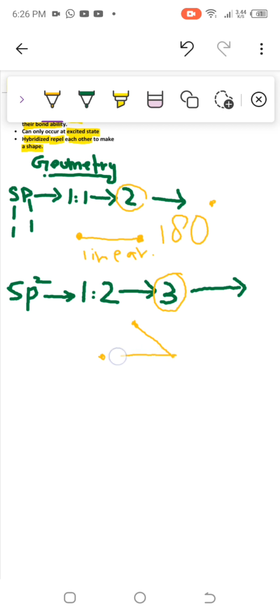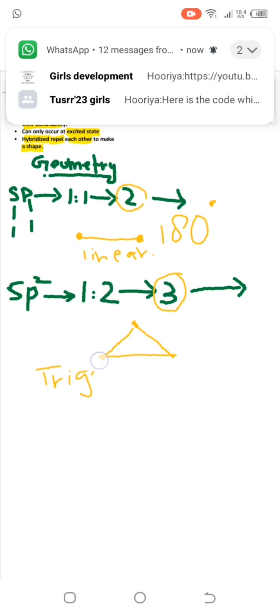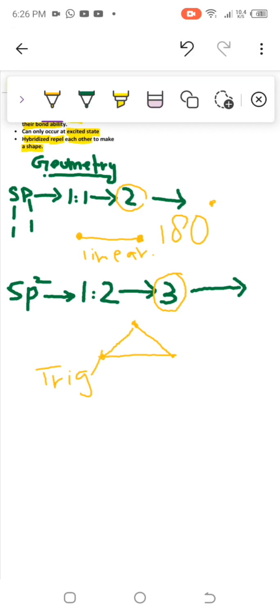When these 3 combine together, the structure they form is trigonal. Trigonal structure बनाते हैं. After that they make a 120 degree angle. कौन से एंगल पर बनाते हैं? 120 degree angle पर. Okay.